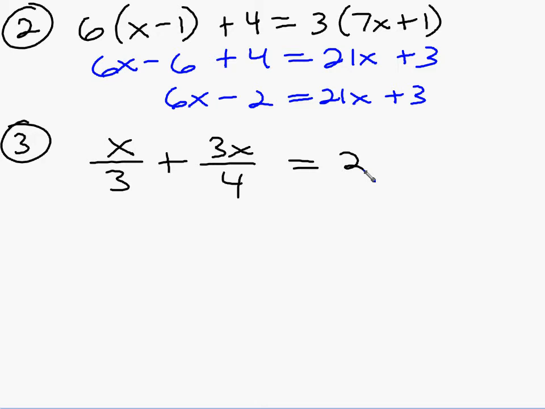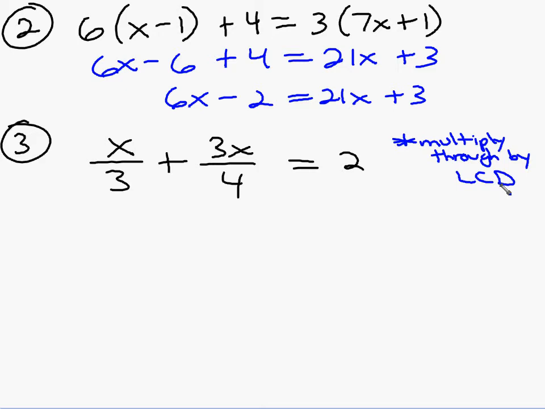Fractions do complicate things a little bit, but I think the best way to do this problem is to multiply through by the least common denominator. Multiply through by the least common denominator.